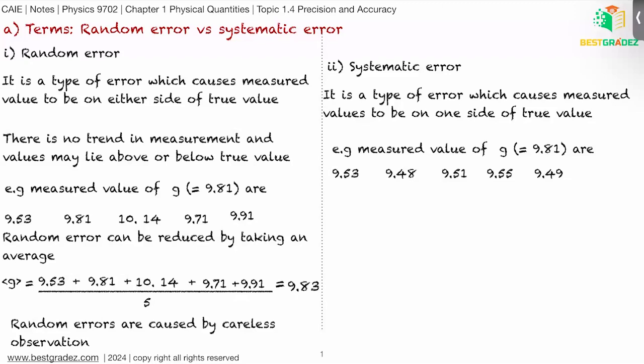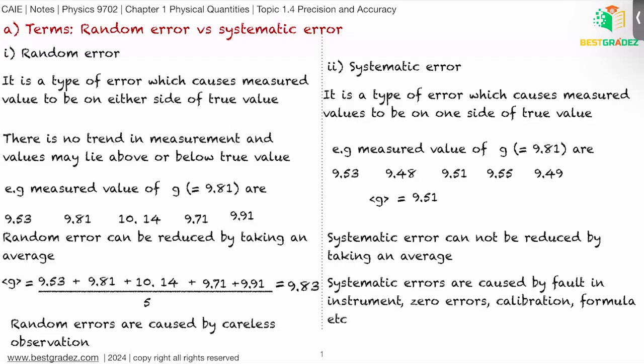Either my instrument are at fault or there's zero error. Something is causing all the values to drop. This type of error is known as systematic error. Now, if I want to fix this and I take an average, that will not help. So average is not a solution for systematic error.